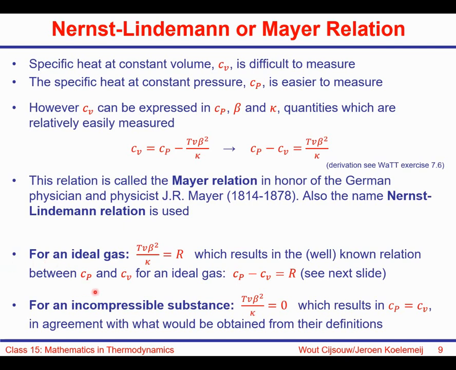And for an incompressible substance, it turns out that this factor here is 0, which results in Cp and Cv being equal. And that's also in agreement with what you would infer by looking at their definitions and thinking about it in a logical way.